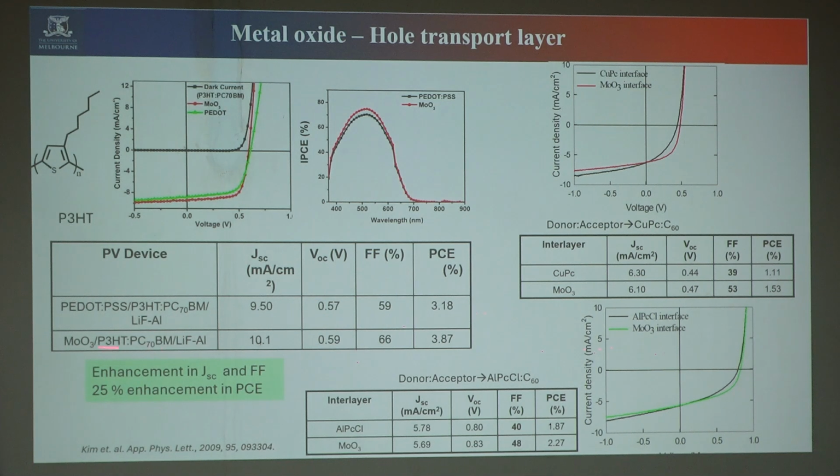Whenever we use molybdenum oxide as a hole transport layer, we always see performance improvement. This molybdenum oxide is also very good compared to PEDOT:PSS. Why? Molybdenum oxide is a metal oxide which can protect from the environment.